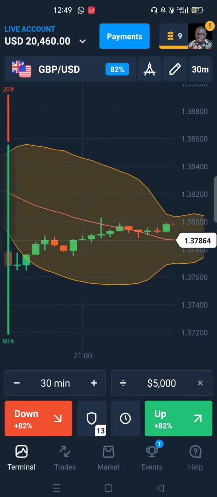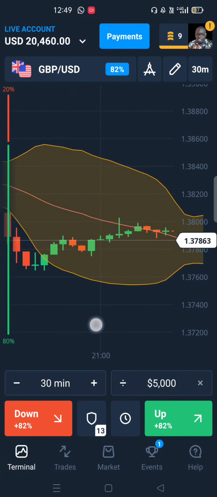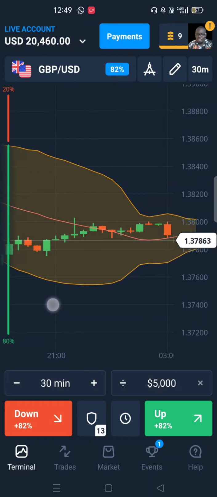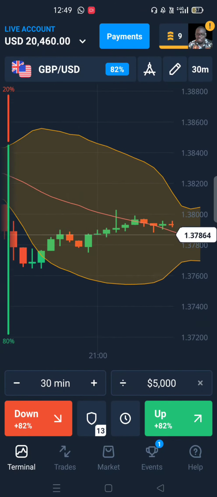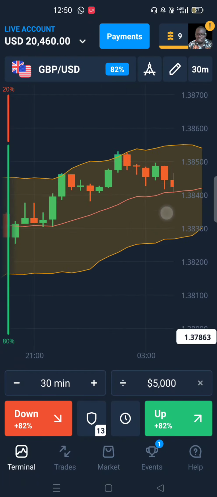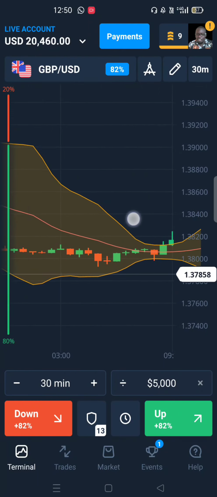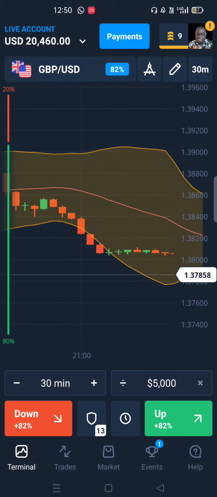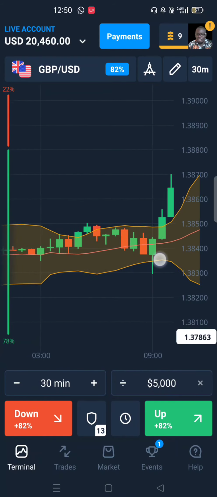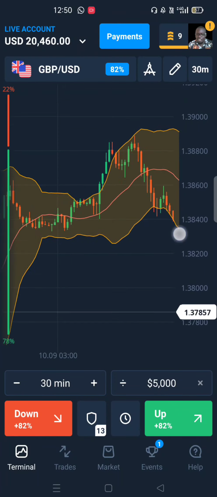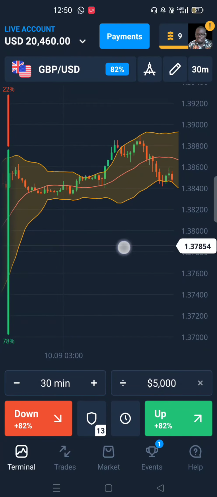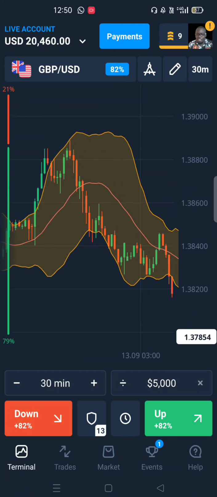When there is ballooning on the platform, like you can see on this area here, that signifies volatility in the market. When there is contraction on the market, like you can see on this level here, that signifies less volatility in the market.